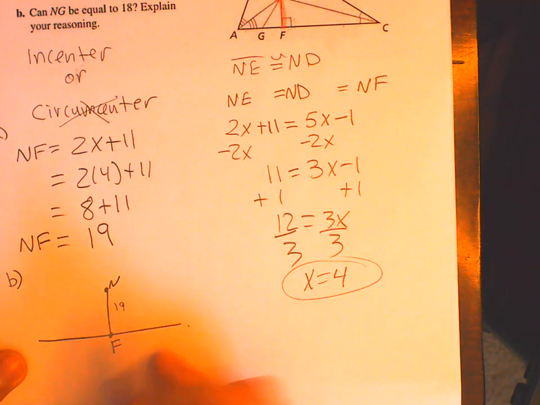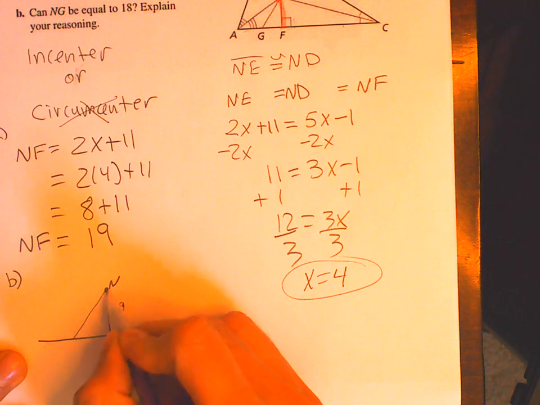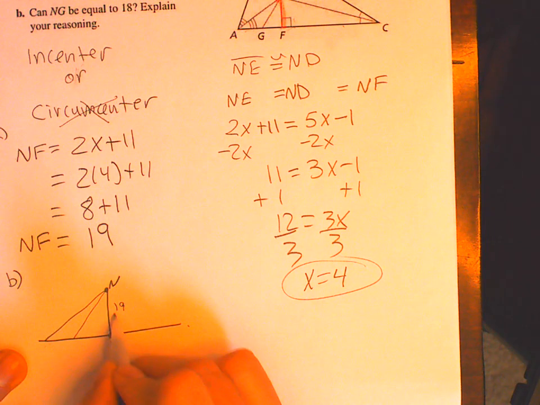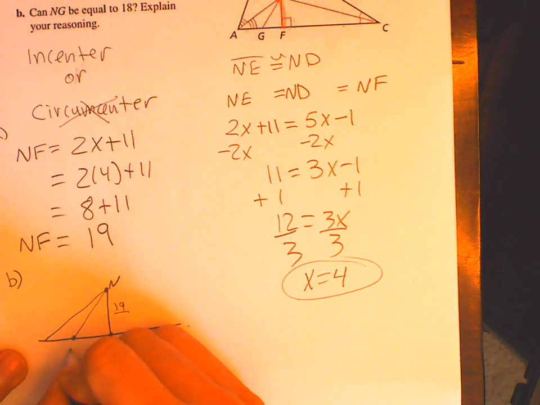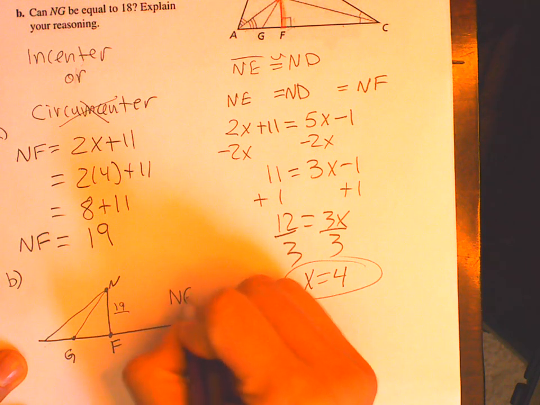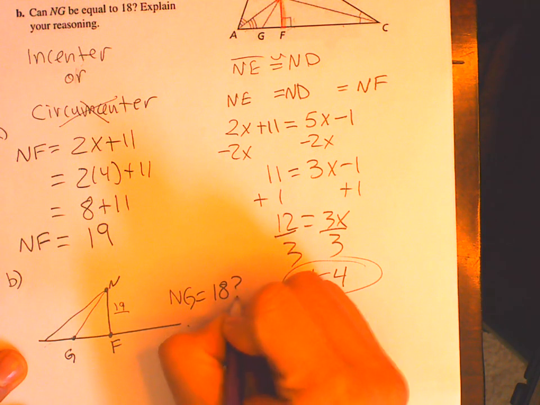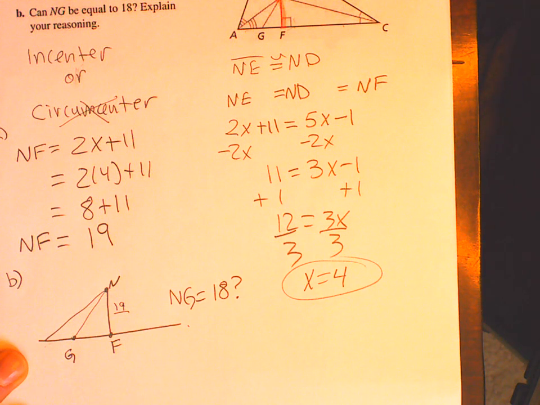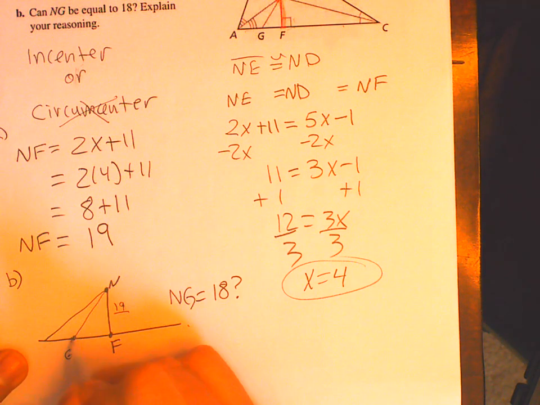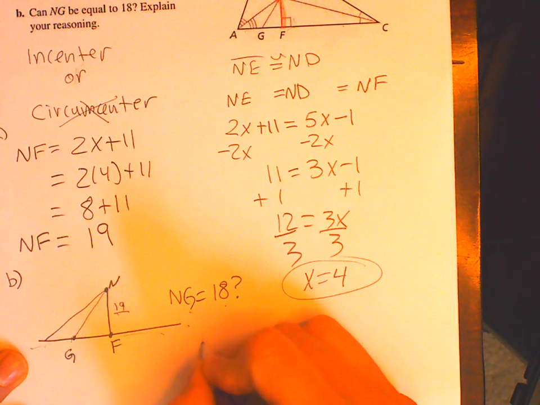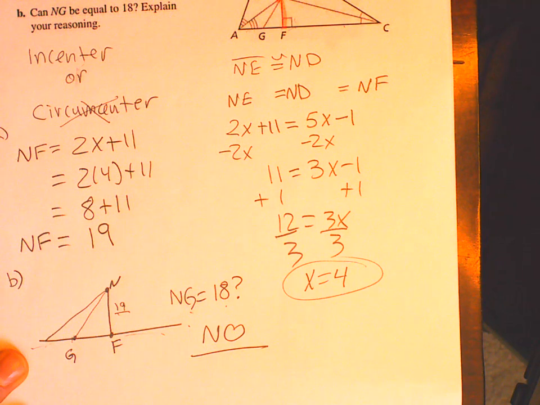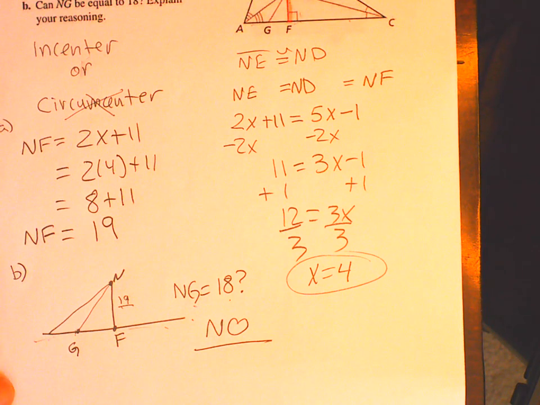So anything on the side is going to have to be larger than 19. The answer is no, because any segment coming from N to the whole side has to be bigger than 19, and NG is 18. So the answer is no. And that is example number 3.